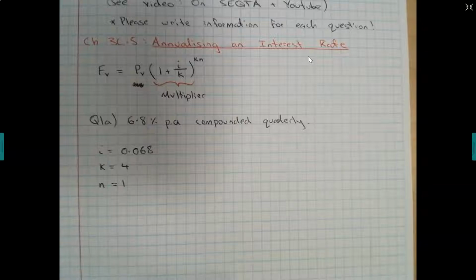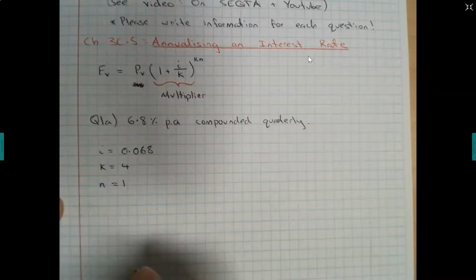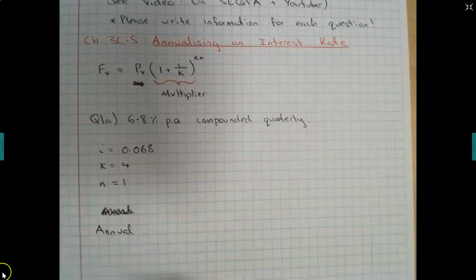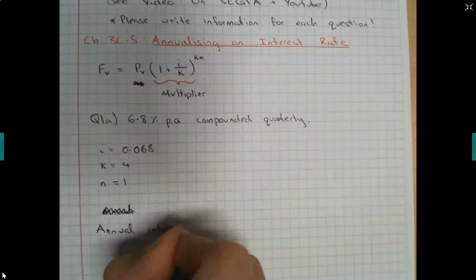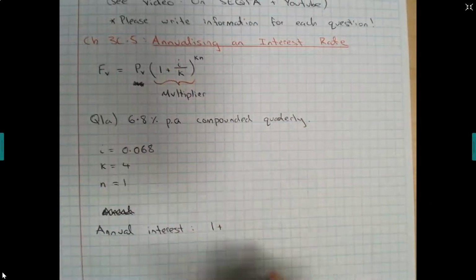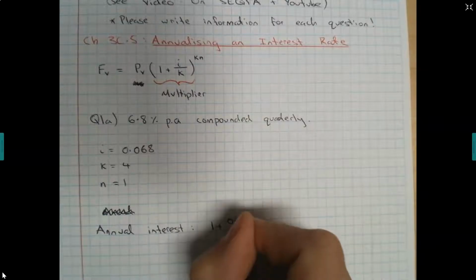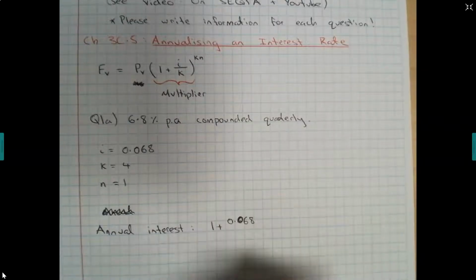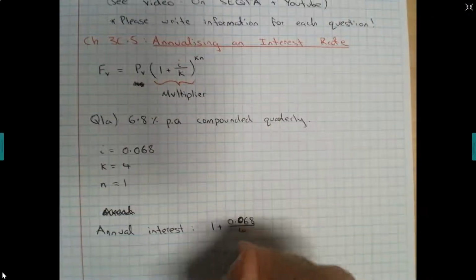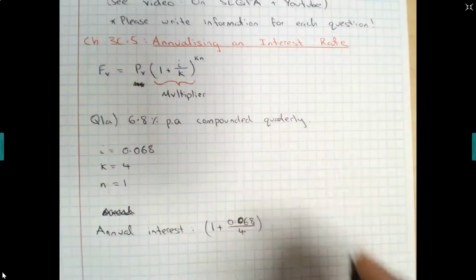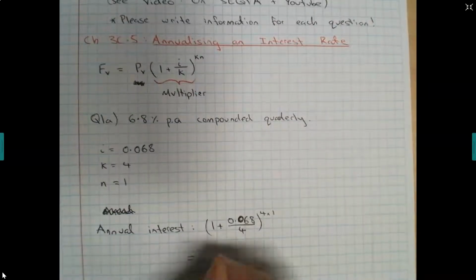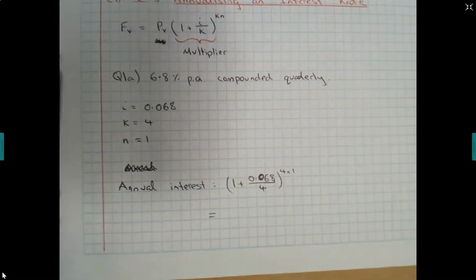So my annual interest multiplier is going to be given by 1 plus I over K, so my I is 0.068, over K, the number of times it's compounded per year, which is 4, to the power of K times N, which is 4 times 1. Let me get my calculator.